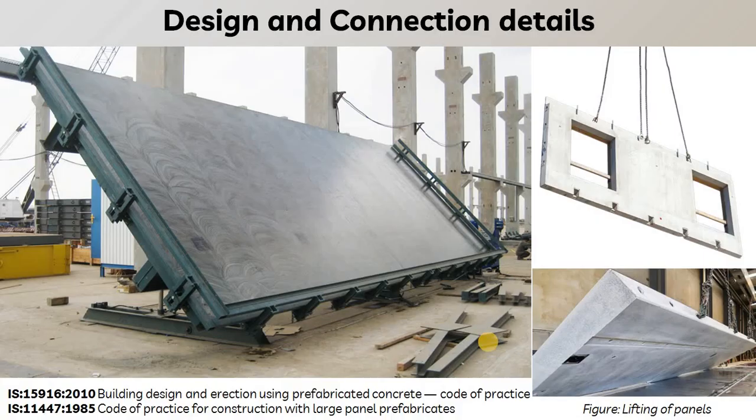If we talk about its production, there are steel tables. Here in this figure you can see the steel table, which is also known as a tilting table, because it tilts up to 90 degrees for lifting the panel from the table.